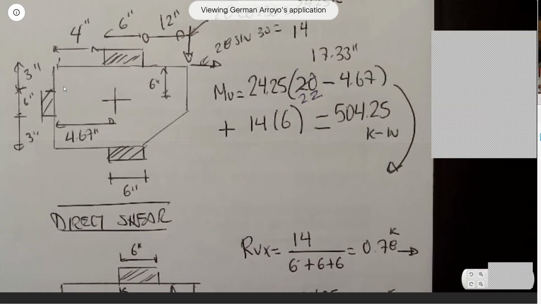But look, 12 plus 10, 22. But the difference, 22 minus 4.67, is this correct? Yeah, this is correct because I caught my mistake when I was writing this. I caught my mistake, but I didn't change the number. So this is correct.